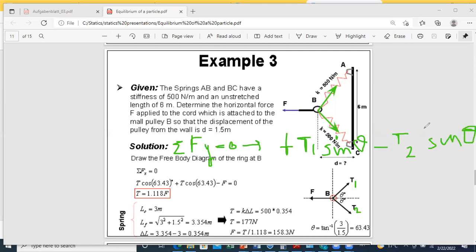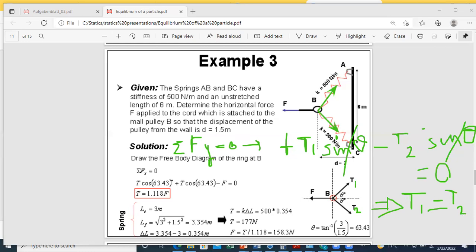And then you can just write that sine theta will cancel out. So T1 is equal to T2. And you can conclude this also due to symmetry. You can directly say due to symmetry, T1 equals T2. Okay. So either sum of Fy or the symmetry condition will give you that we have the same tension force.